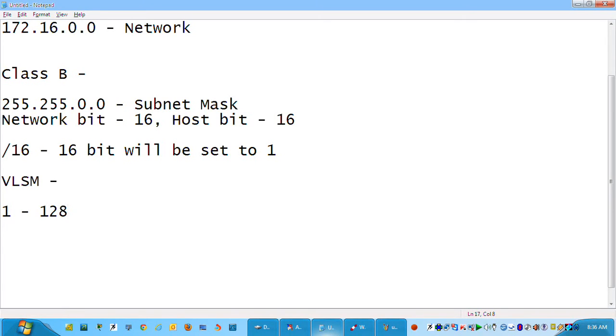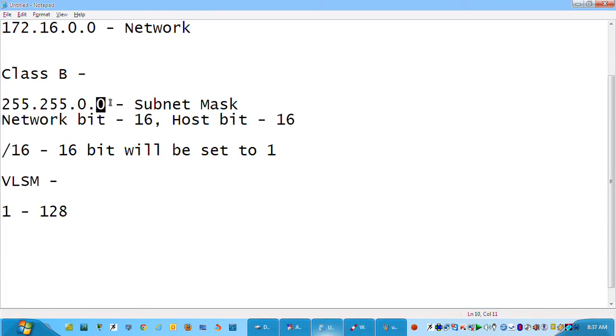Okay, if you look into the IP addressing, I have the entire 32-bit block divided into 4 8-bit blocks. So if you look at the 4 8-bit blocks, this is 8-bit, this is 8-bit, this is 8-bit, this is 8-bit.